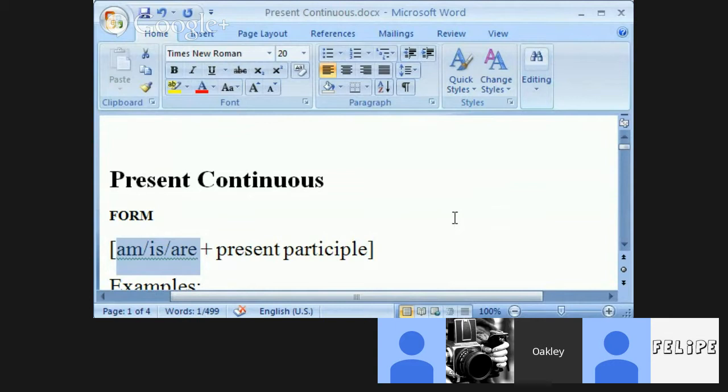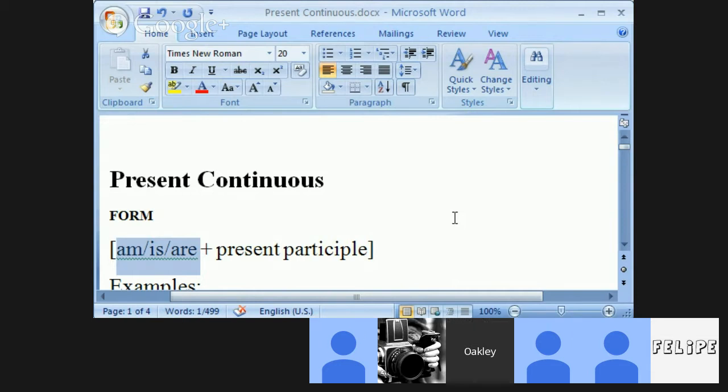We need to conjugate the verb to be properly, so as to have proper subject, noun, and verb agreement. So I am, he, she, or it is, and then the plurals they, you, or we are. And then the present participle. The present participle, of course, is the ing form of the verb.